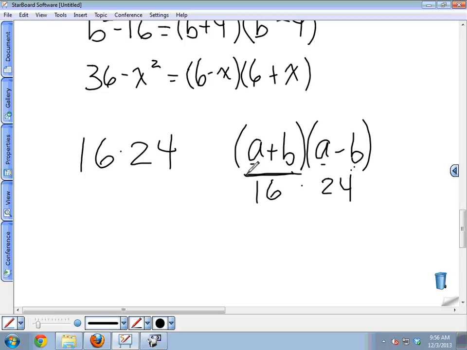So how about 15 and 1? That's one way of getting 16. 14 plus 2, 13 plus 3. You see all the different possibilities? 8 plus 8. Which one of those starts with the same number over here, but the difference works? Take all these: 15 minus 1 is 14. That's not 24. You'll never get a solution.